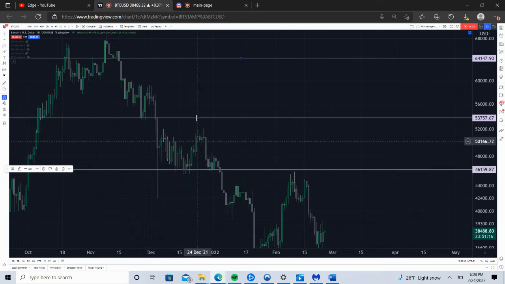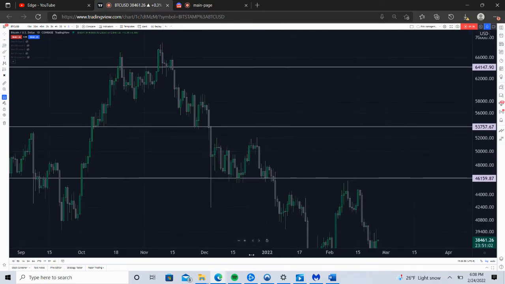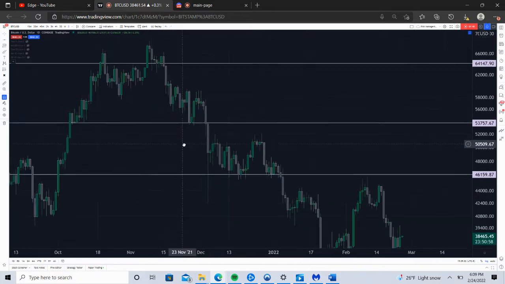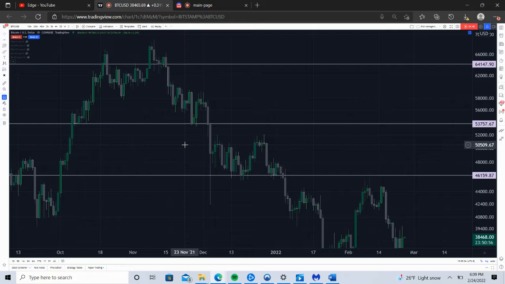Same thing here, although it mounts a little bit more of a rally, it still doesn't reach its resistance. And same type of deal here too. You have a bounce, but not your retracement. So that's a situation where you have to keep your eye on it when it's happening in real time.